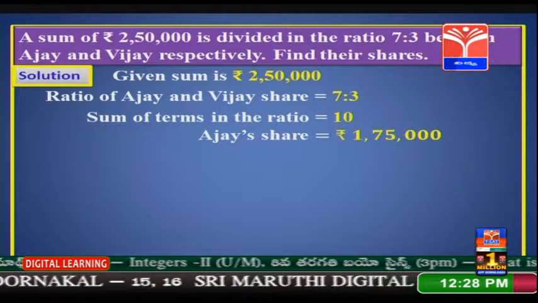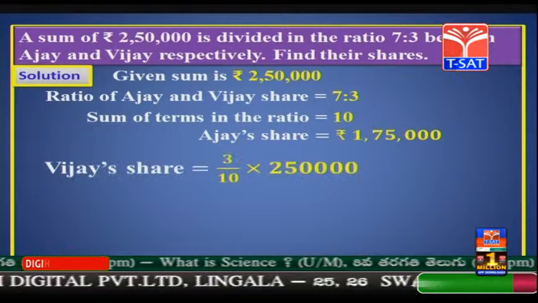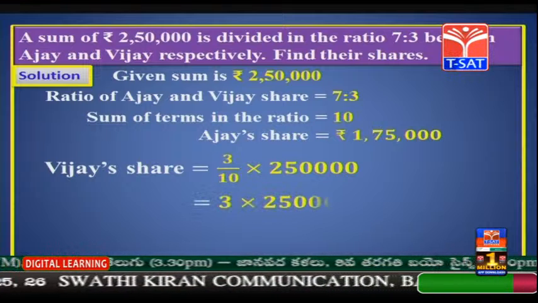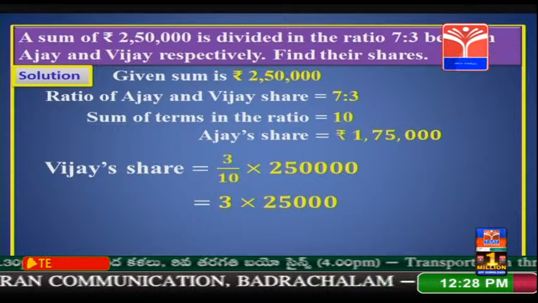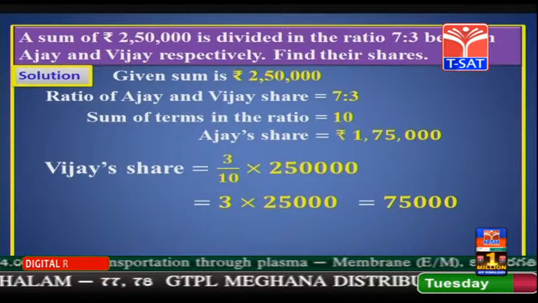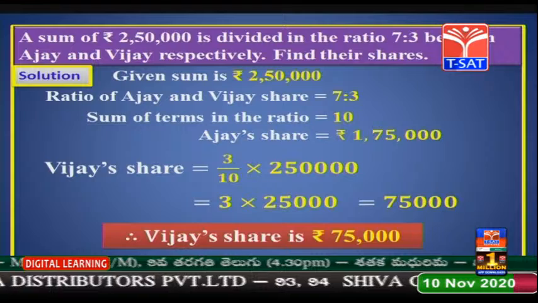Now, let us find out Vijay's share. So, Vijay's share is 3 out of 10 parts. So, 3 by 10 into 2,50,000. Again, on simplification, you get 3 into 25,000, which is 75,000. Hence, we can say Vijay's share is 75,000 rupees.